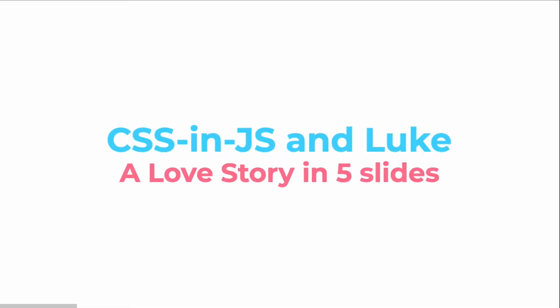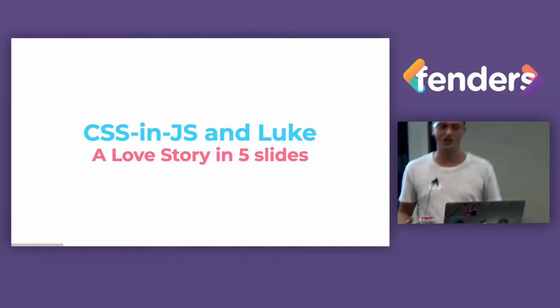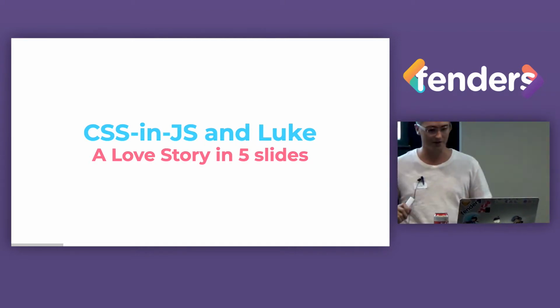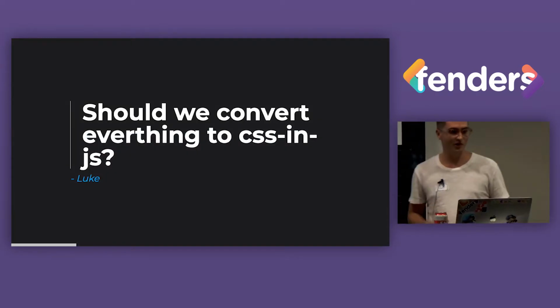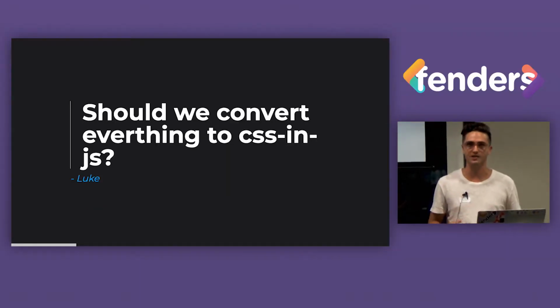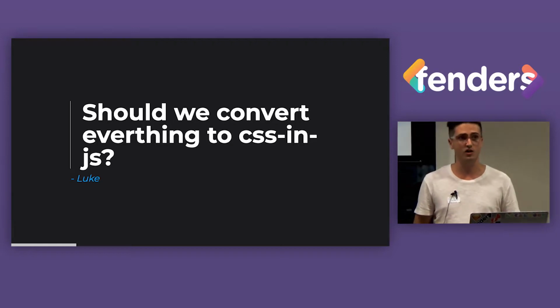CSS in JS, why am I up here talking about it? How do I know about it? I'll give you a bit of history of how I came to find out about CSS in JS and end up loving it. It's tremendous. A bit over a year ago now, we had a fairly major project a couple of weeks out from launching. I'd been playing about with Create React App in my spare time, and I came across this thing called styled-components.